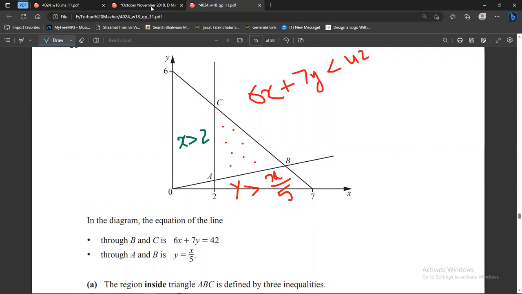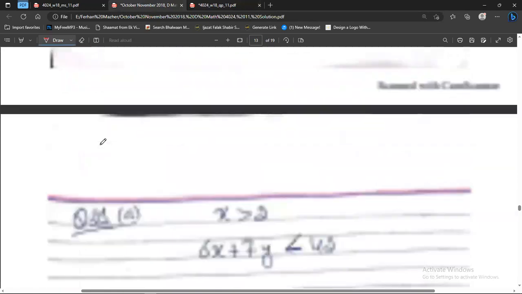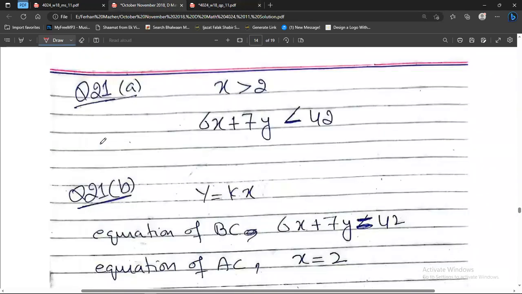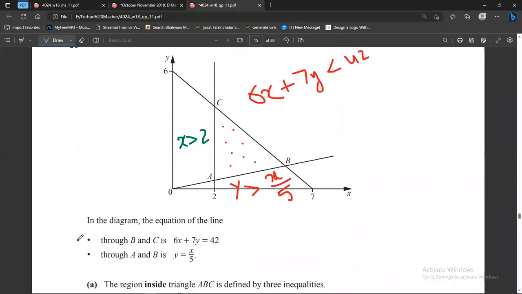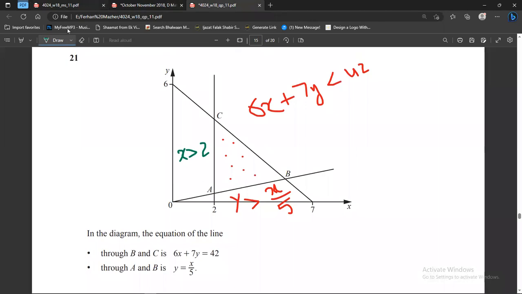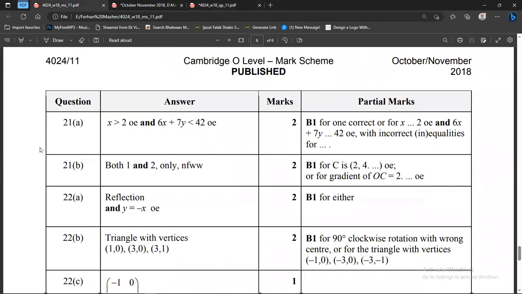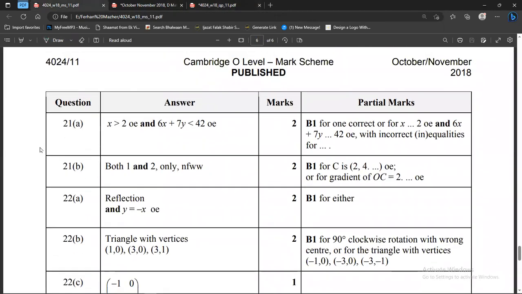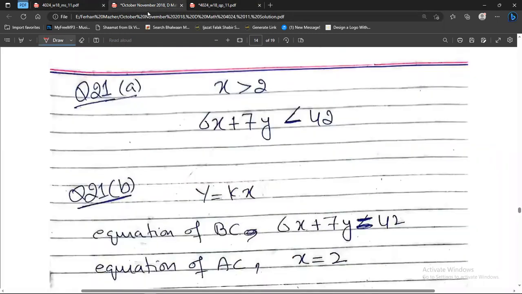So these are the two inequalities which we have to write: x is greater than 2 and 6x plus 7y is less than 42. I hope you understand. And let me check. This is question number 21, and our answers are most probably right. Yes, sir, they are right.